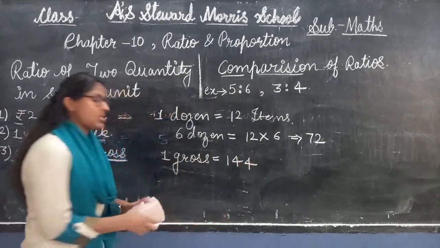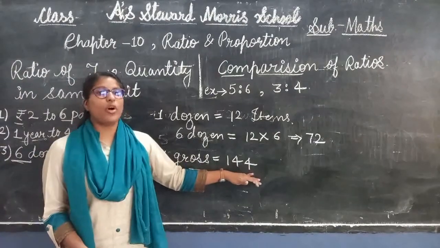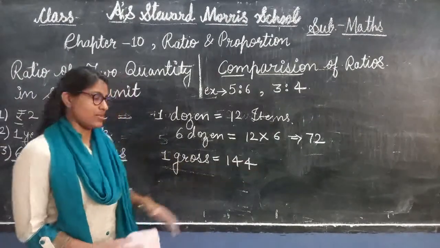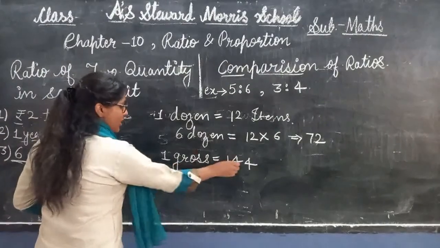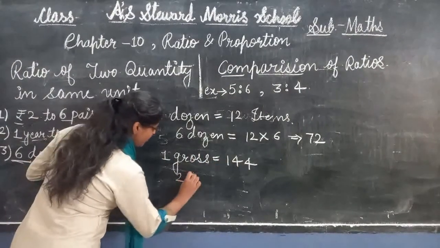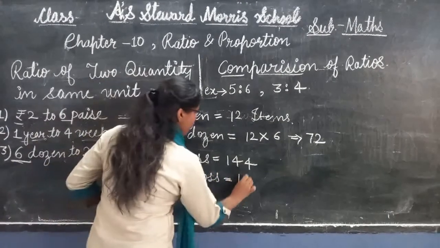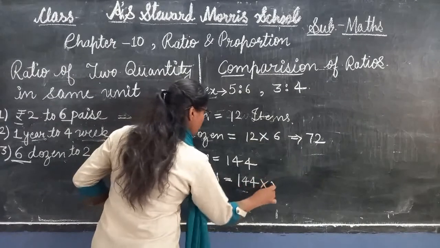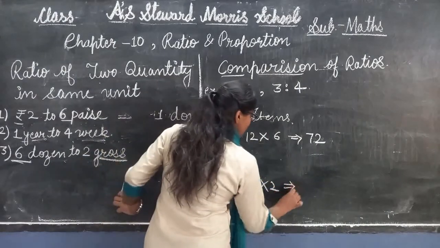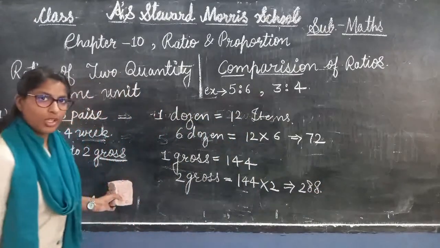If this one is new for you, listen to me. 1 gross is equal to 144 items. So if 1 gross is 144 items, 2 gross is equal to 144 multiplied by 2, that is 288. Got it everyone?